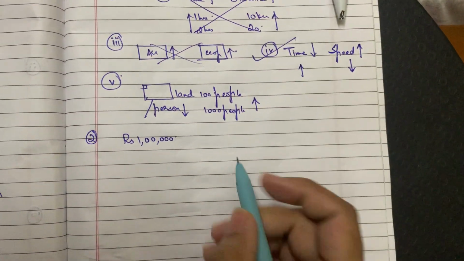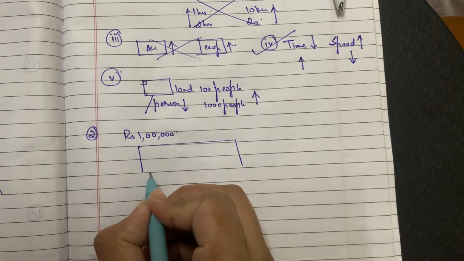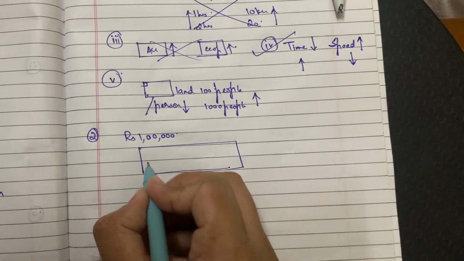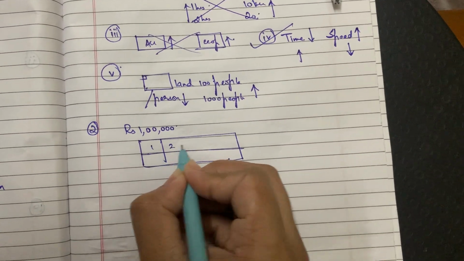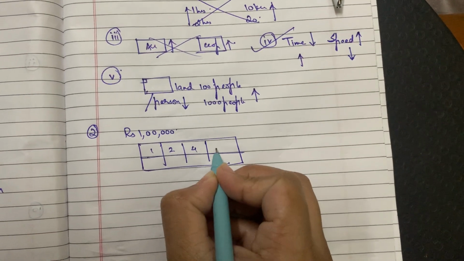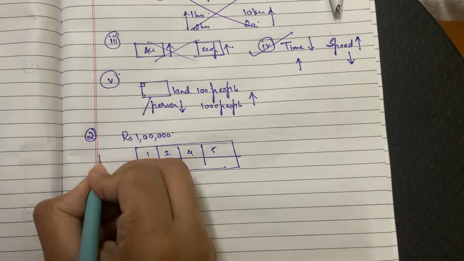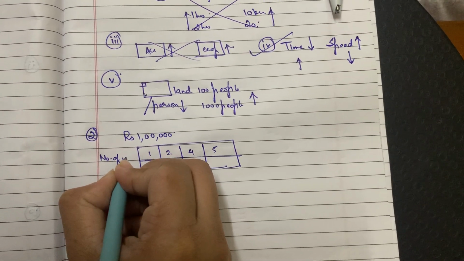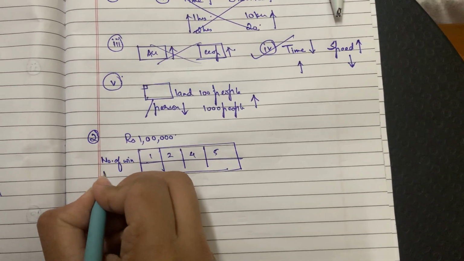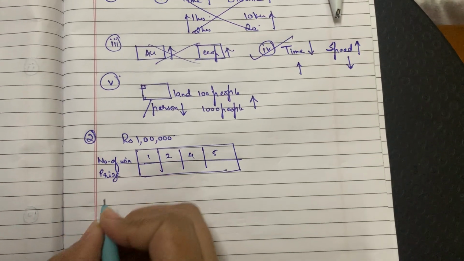There's a table given, and I'm writing only the first few things here: 1, 2, 4 and 5, let's say. These are the number of winners, and this is the prize each is going to get.